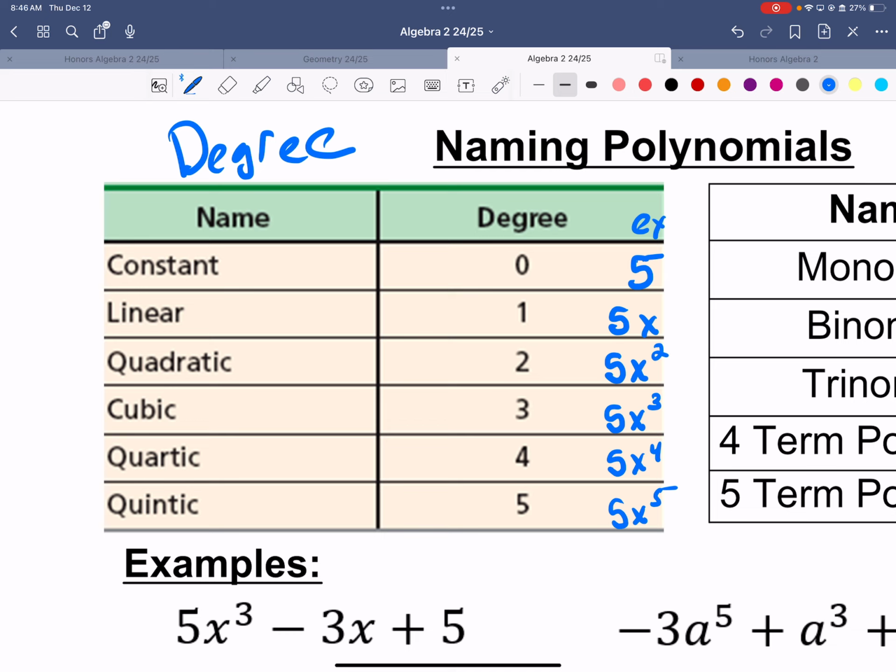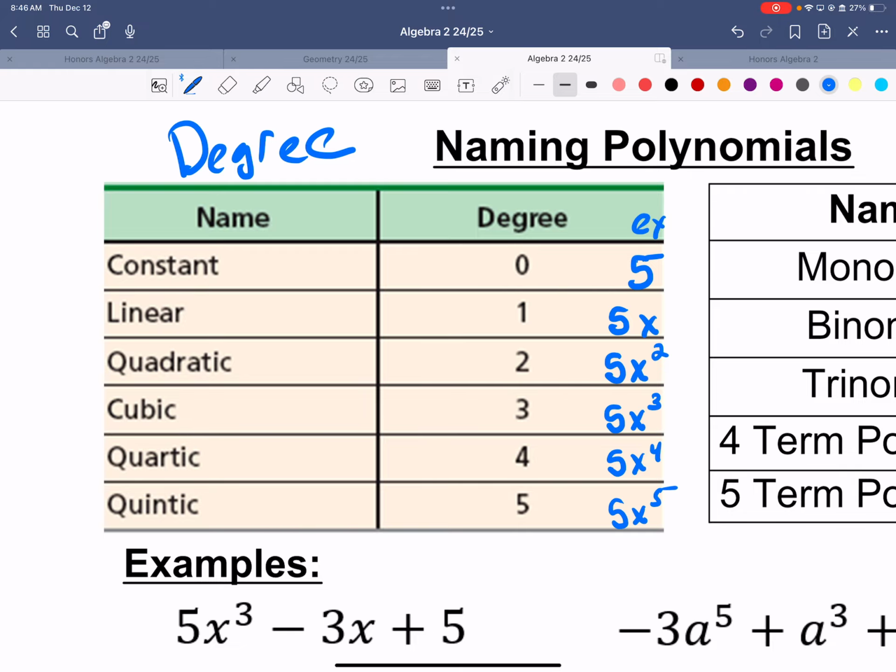Quarter, there's 4 quarters in a dollar, so quartic is 4. Quin, yeah, I got nothing for that one. But it doesn't matter, because now I know quartic has 4. So that's naming it by its degree.